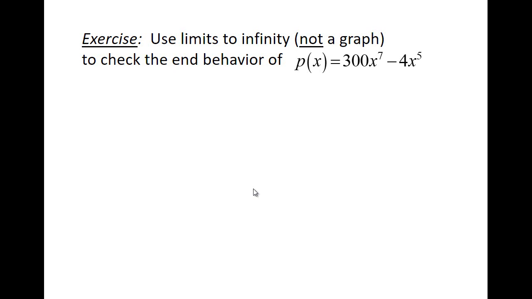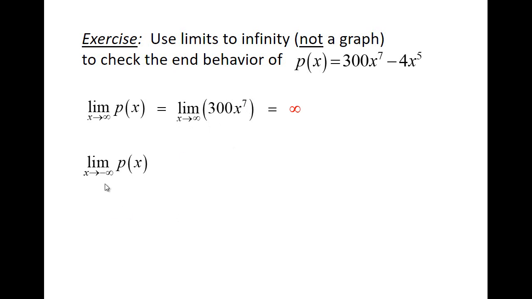Okay, so hopefully you have tried this on your own. Now, the limit of p of x as x goes to infinity would be the limit of the leading term. Here, the coefficient is positive, and when x is big, x to the 7 would be big. So the limit would be positive infinity.